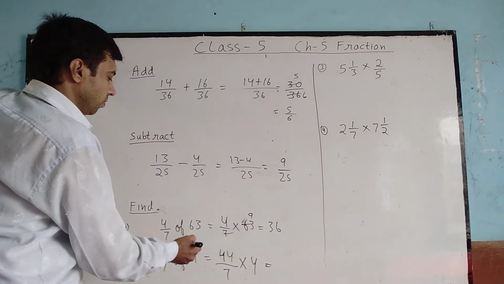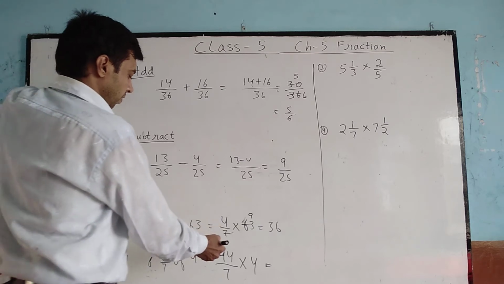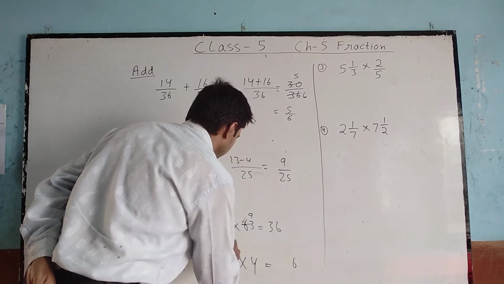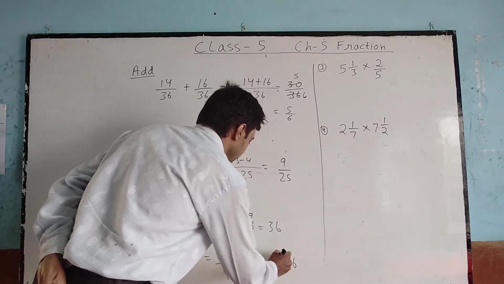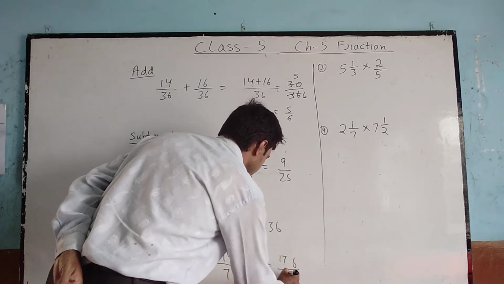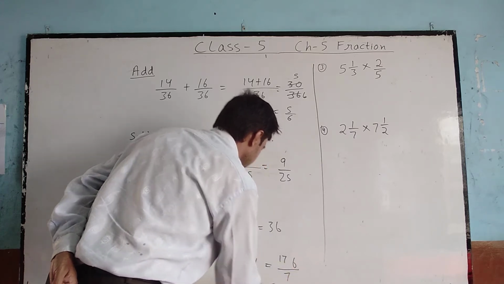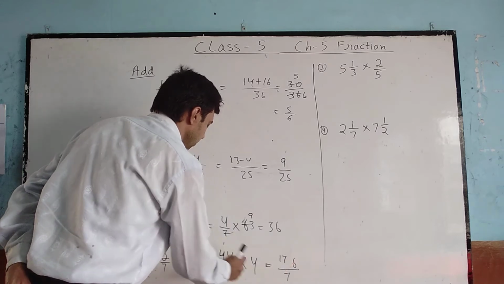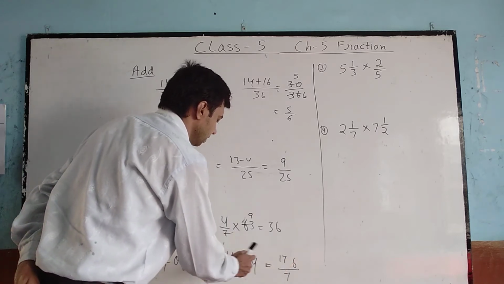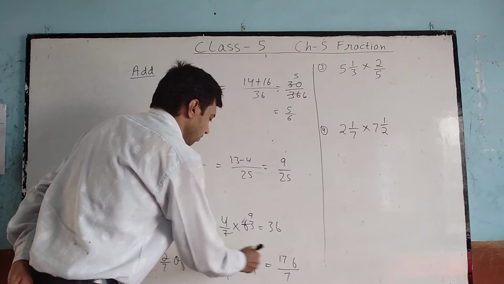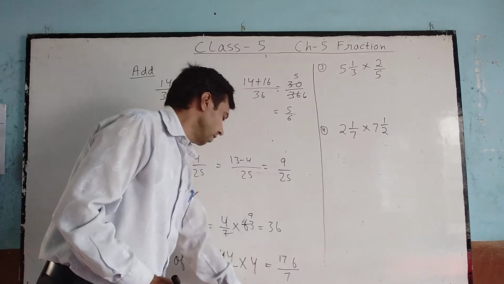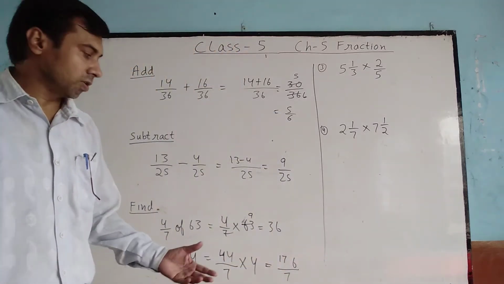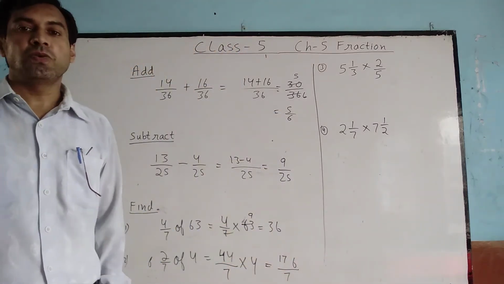Simply we will multiply this. 44 into 4. 4 fours are 16, 1 carry. 4 fours are 16, plus 1 is 17. 176 by 7. What else can we do? We can convert this 176 by 7, students, into a mixed fraction.